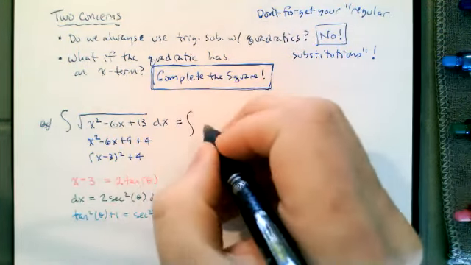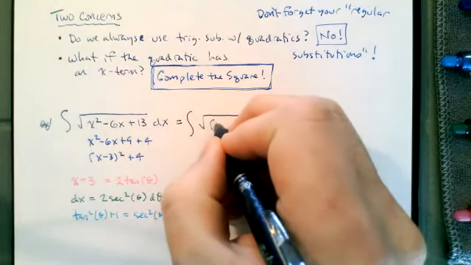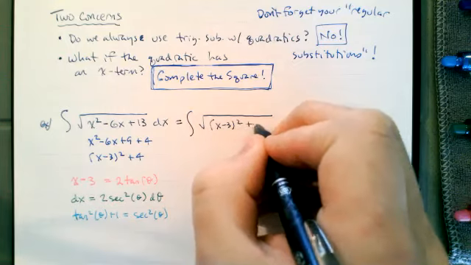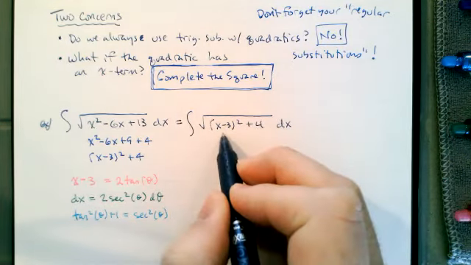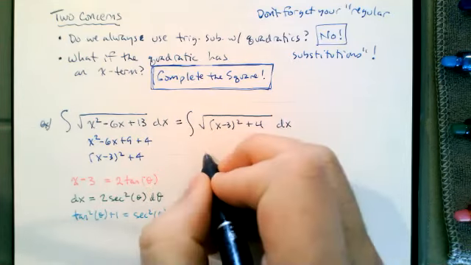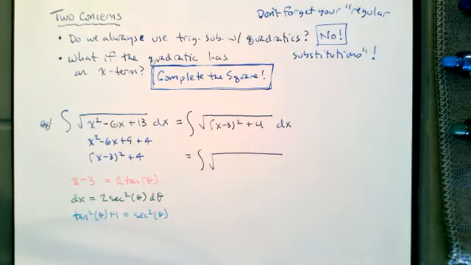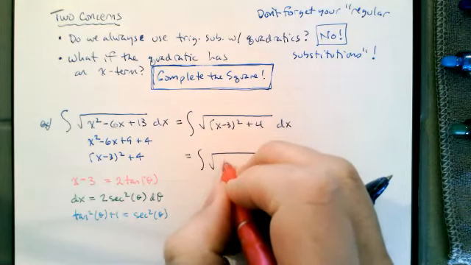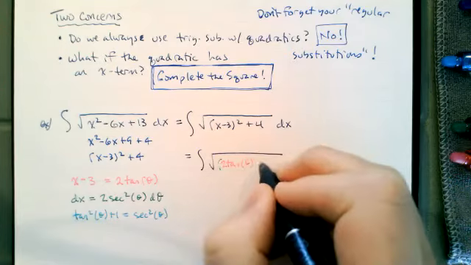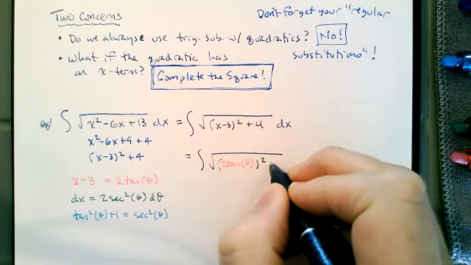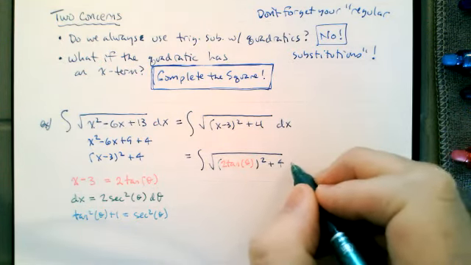So then the problem becomes, once I've rewritten this as x minus 3 squared plus 4, I'm not going to do this whole problem. Then the x minus 3 gets replaced by the 2 tangent theta. And the dx still gets replaced with 2 secant squared theta.